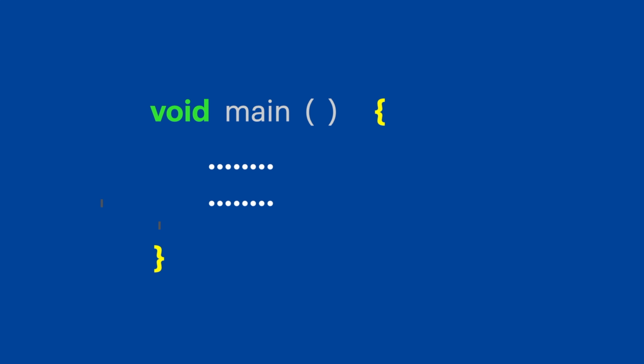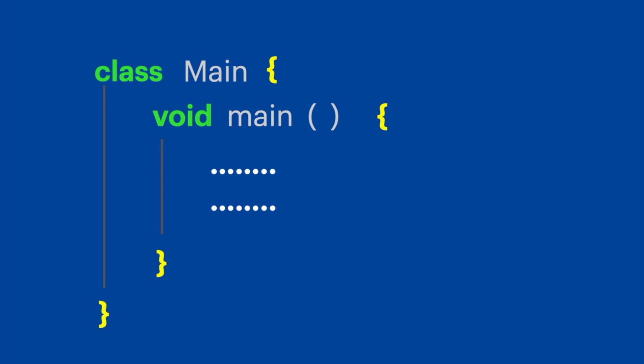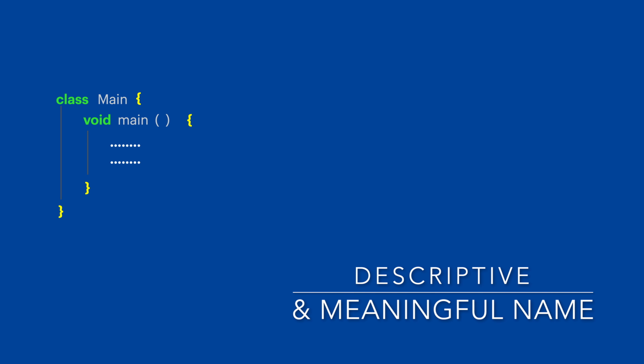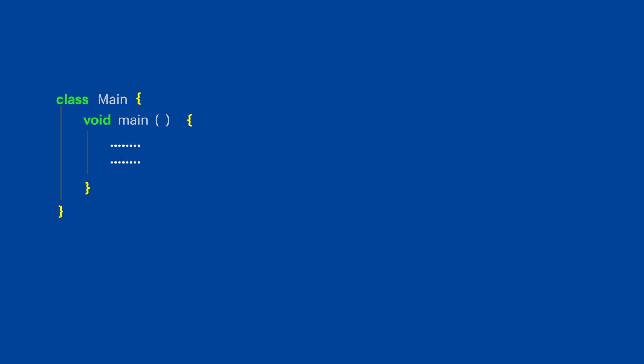Okay, now every Java program should have at least one class that contains the main function, and that is the main class. You define a class in this way. First, you write the class keyword. Then, you give your class a descriptive and meaningful name. Next, you have to add a pair of curly braces.